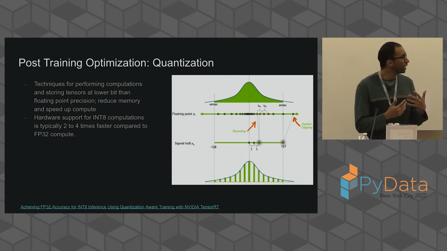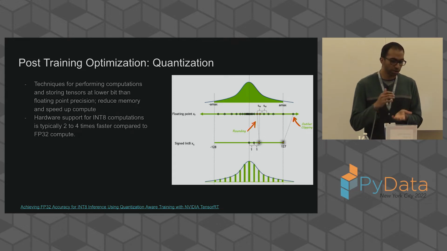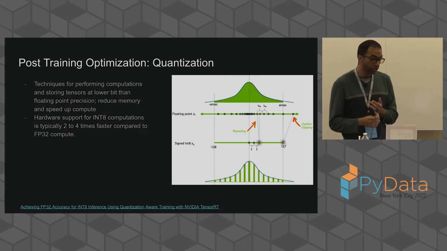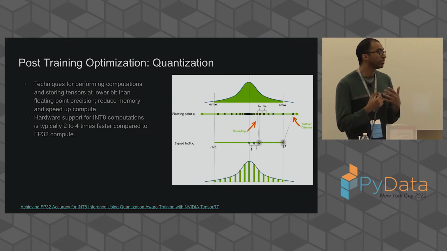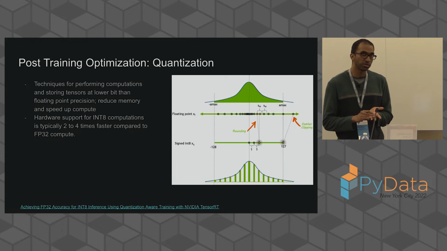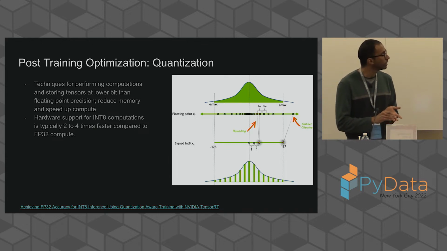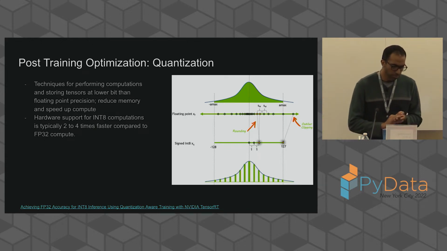So if we were able to reduce the level of precision, we could reduce the memory, and accelerators like GPUs are also faster for int-based computations. Definitely a CPU is much faster for int-based operations.